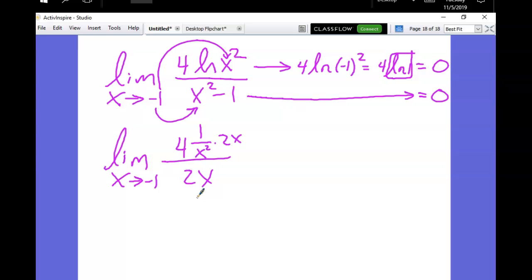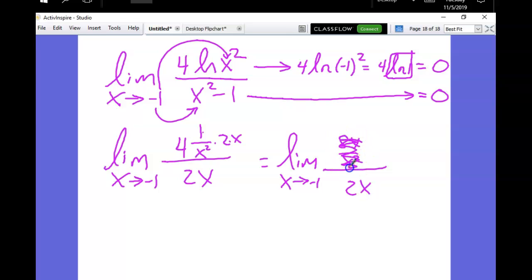In this case, the top can be simplified a little bit. So we have 4 times 1 times 2x is going to be 8x over x squared, right? All I had to say over was 2x. And then this can be reduced, right?